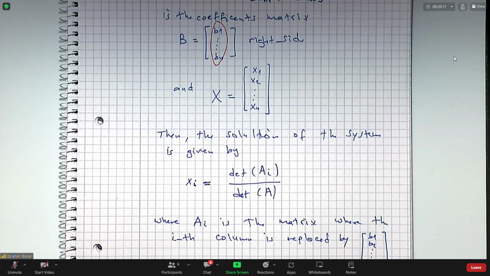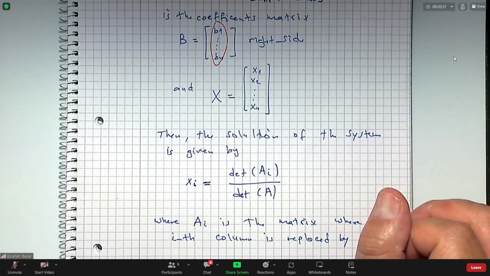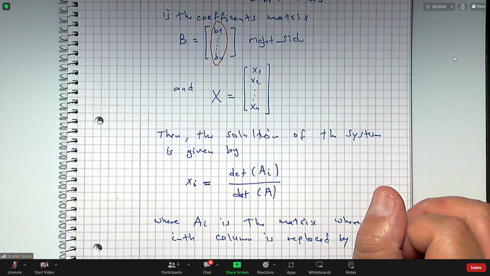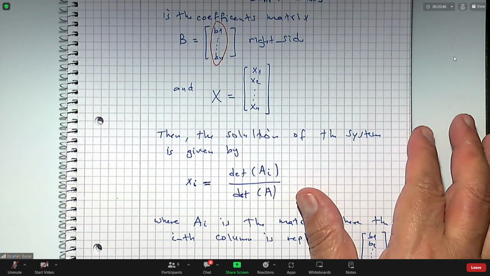Now, I hope that you got the idea of how to use this method. If you didn't get it completely, don't worry, because we are going to solve an example shortly. But the nice thing about this method is two things. First of all, it is easier to solve compared to the other two methods so far.